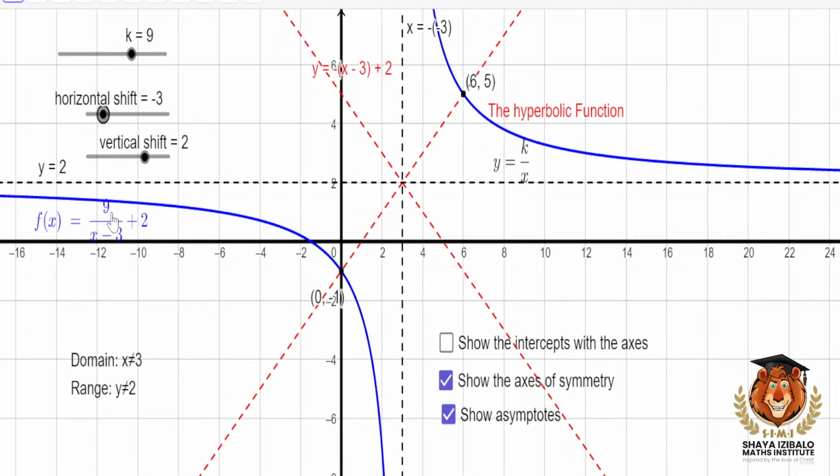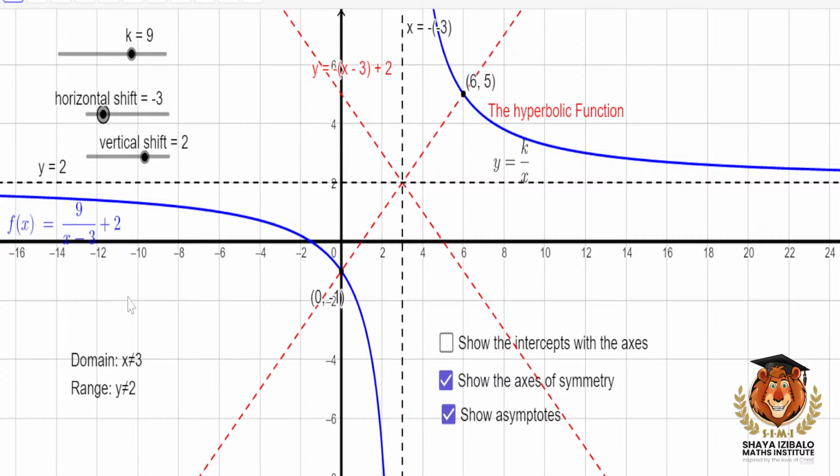When you look at the equation, there's the equation: 9 over x minus 3, plus 2, shifting it 2 up. Notice that our axes of symmetry always go through the intersection of the asymptotes.